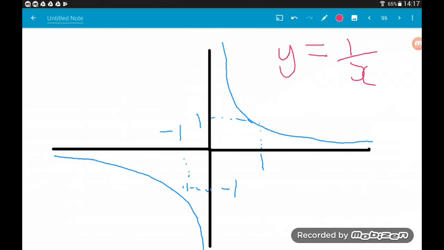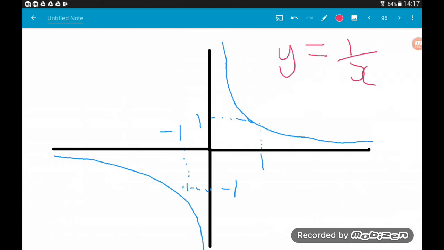If we first of all check out what's happening in the top right part of the graph, as x increases, as it scuttles away off to positive infinity, the y value of the curve is getting smaller and smaller. It's tending towards the x-axis, but it's never ever going to touch it because the x-axis is an asymptote.